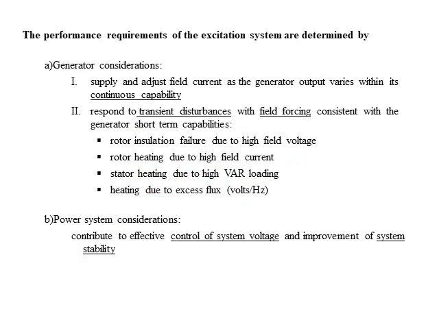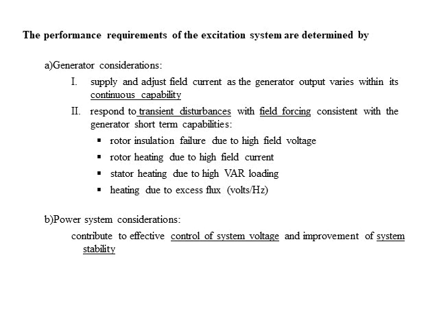Then we are going to look at the performance requirements of an excitation system, and these are determined by 1. Generator considerations, where we check that it supplies and adjusts field current as the generator output varies within its continuous capability.